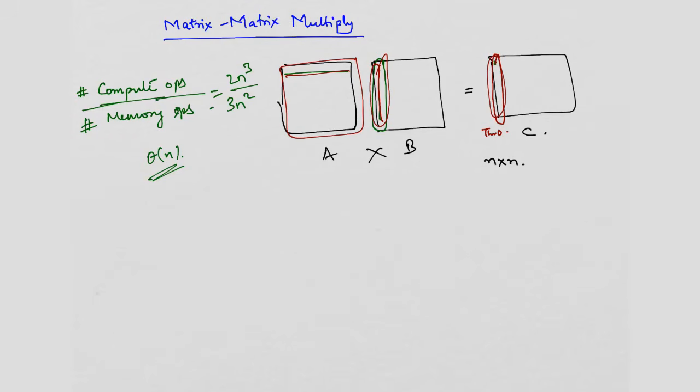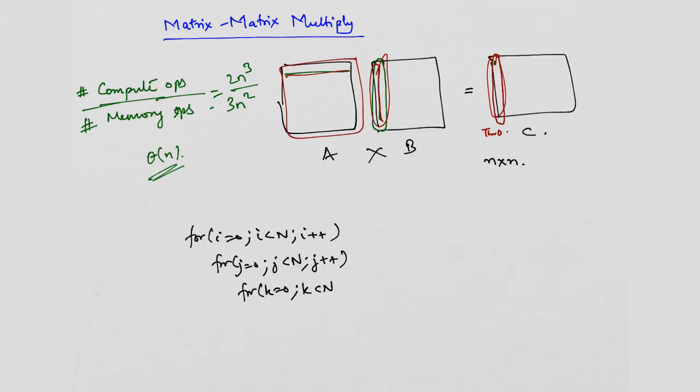How do we generally write the code for matrix multiply? For i equal to 0, i less than n, i plus plus. For j equal to 0, j less than n, j plus plus. And then c[i][j] plus equal to the product of the corresponding elements.